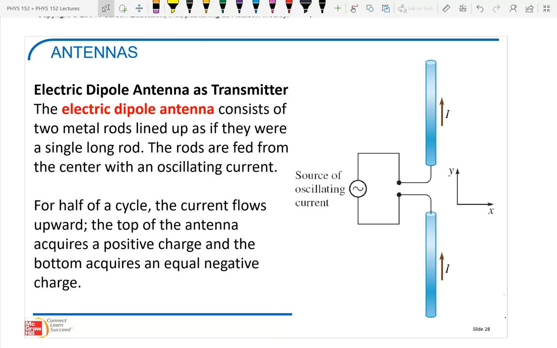When this side is positive and this side is negative, you're going to have current flowing like that. But since you have alternating voltages, it's going to be flowing up, then flowing down, then flowing up. And that's going to make electromagnetic waves that travel out radially.